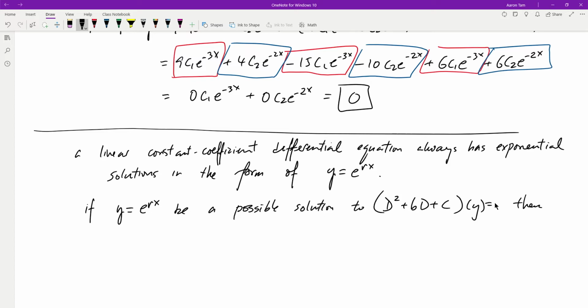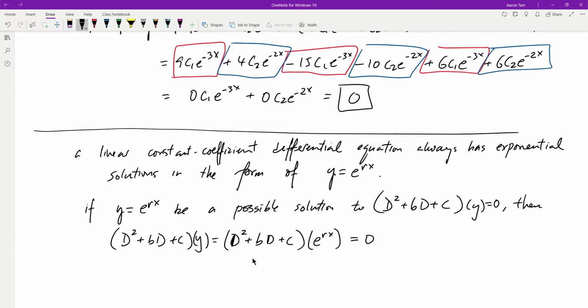So I'm talking about homogeneous differential equations for now. Non-homogeneous also have that property, but it has something extra that we're going to have to talk about. Then it would imply basically the following: D squared plus bD plus c of y equal to D squared plus bD plus c of e to the rx, and that equals 0.